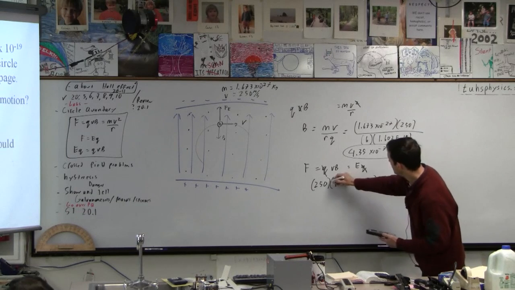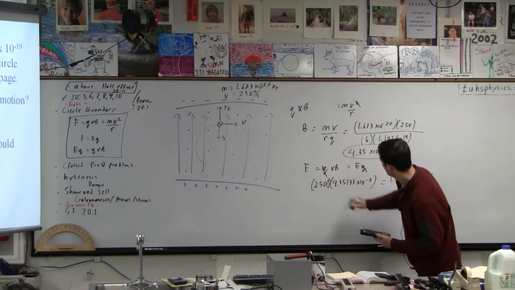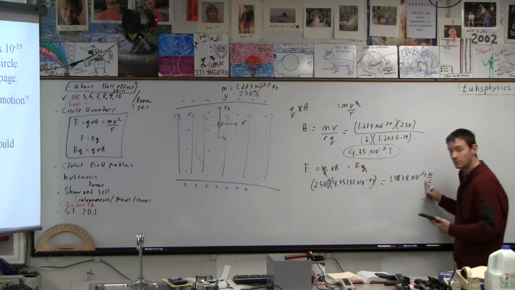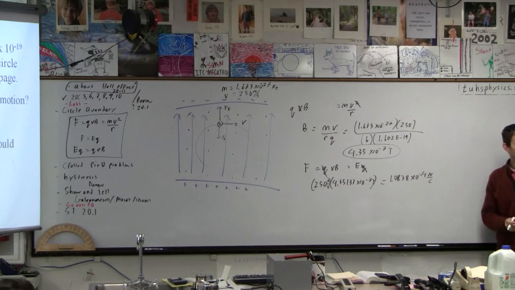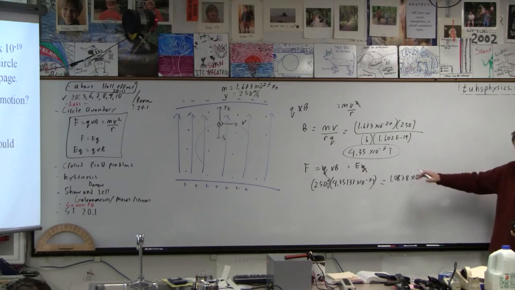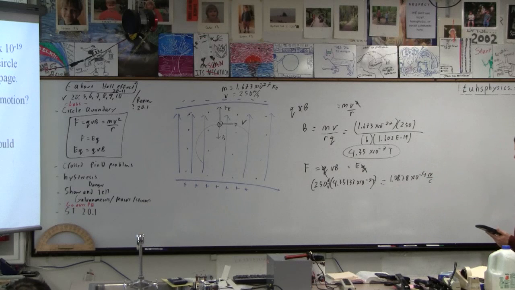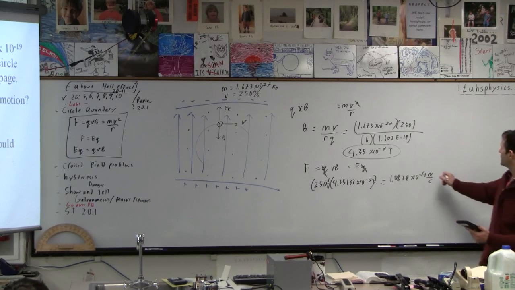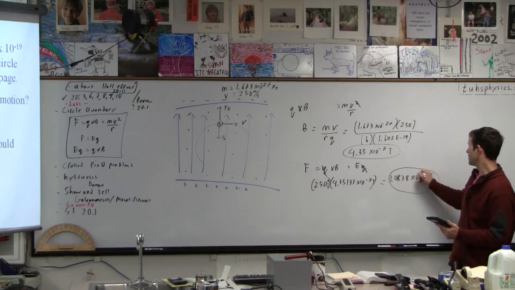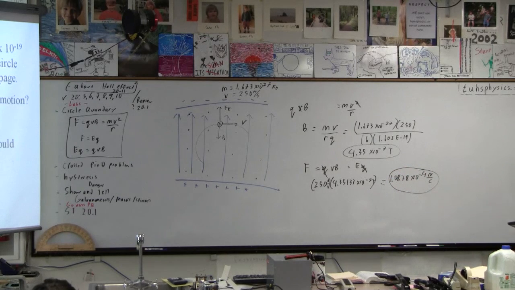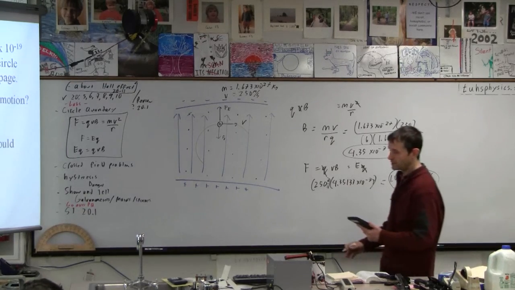So somehow a meter per second times a Tesla is a Newton per coulomb. That's a TAG extension for you talented and gifted people: figure out those units. Somehow it's got to be the same thing. So here is our electric field, not with the proper sig figs, that would make this thing go straight. Okay, let's have you guys try.